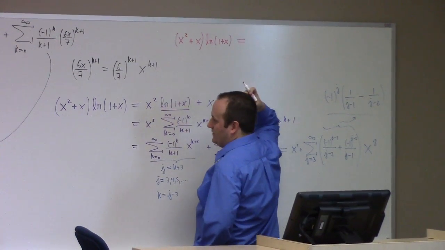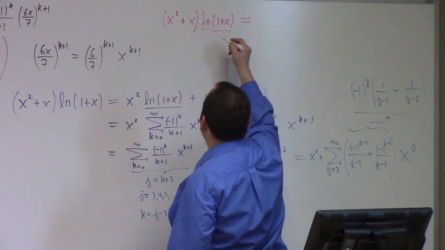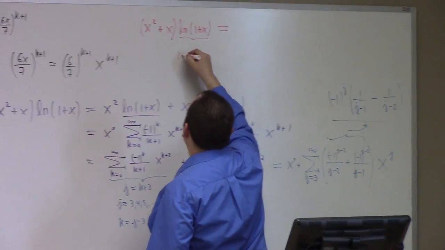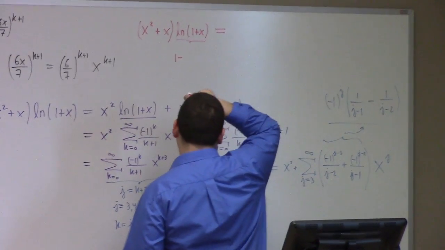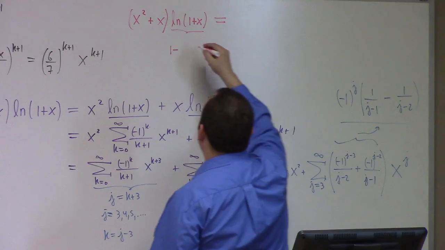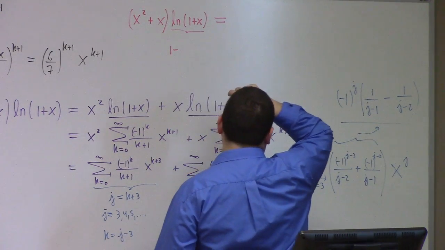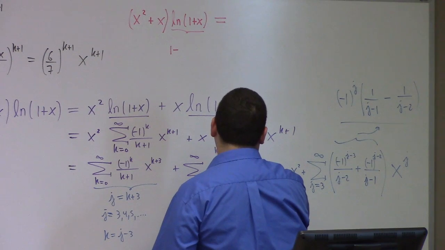Let's see here. What is actually the natural log of 1 plus x? If you just write this out, it's what? It's 1 minus what? See, because k equals 0 gives me 1. K equals 1 gives me 2 here.